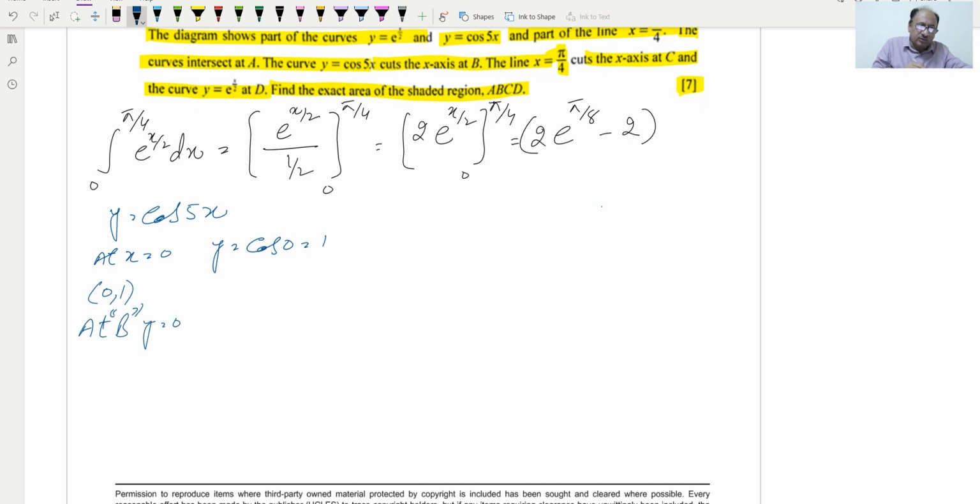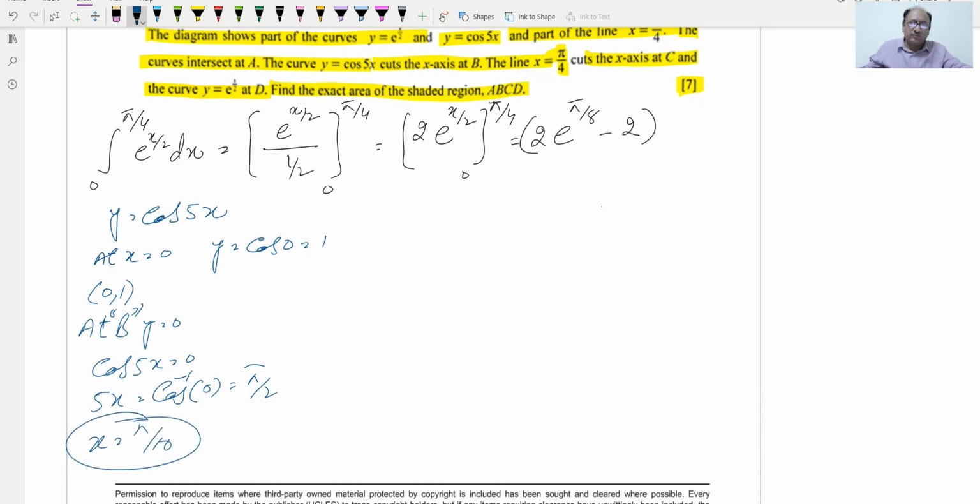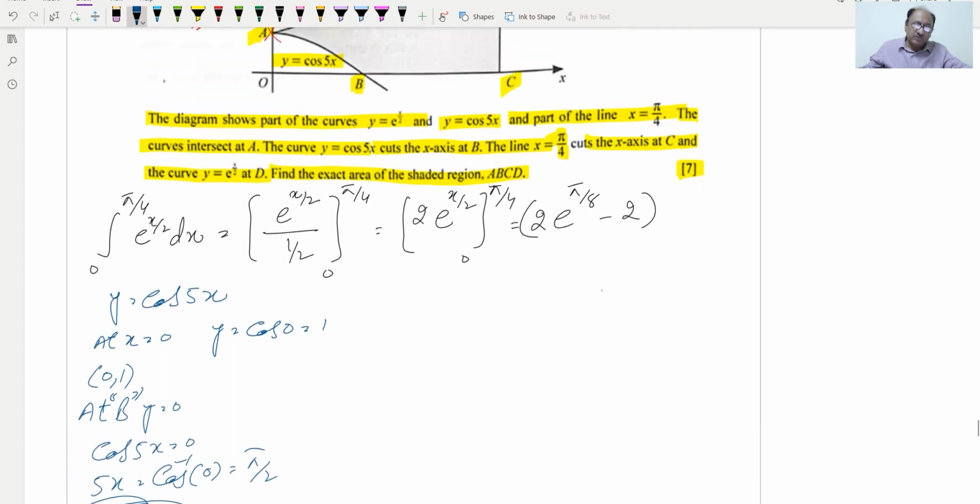This implies cos 5x will be equal to 0. So 5x will be equal to cos inverse of 0, which is pi by 2. So x will be equal to pi by 10. So x is varying from 0 to pi by 10.